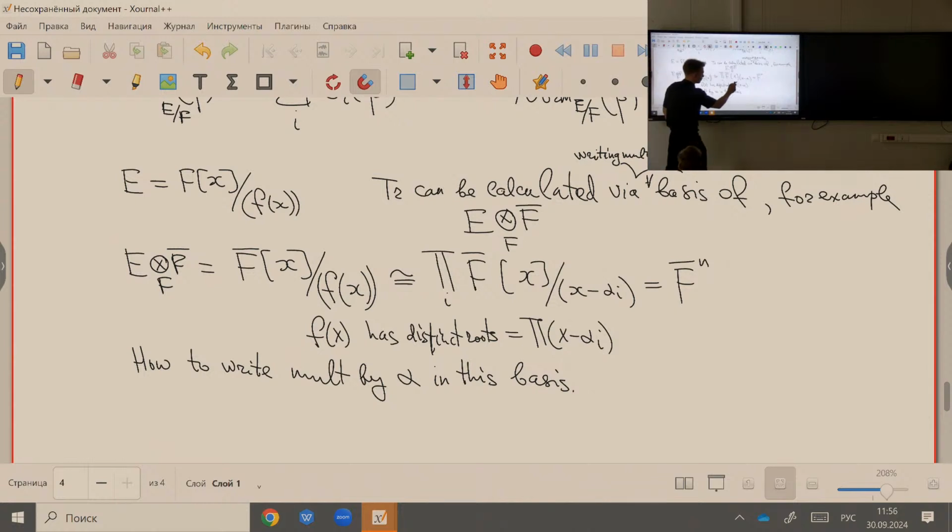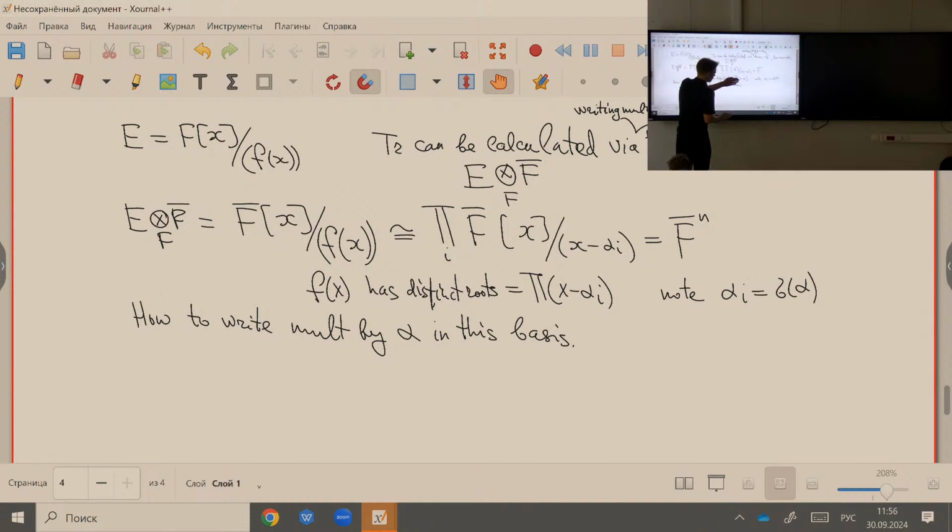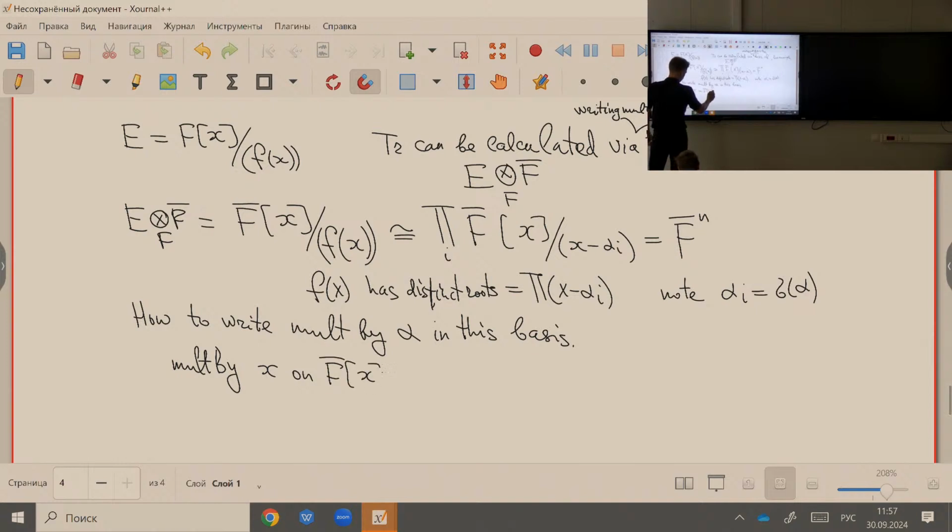But by the way, alpha_i can be written as sigma_i of alpha. So multiplication by alpha in this basis is just multiplication by x on the algebra written like this, because alpha is in the image of x.